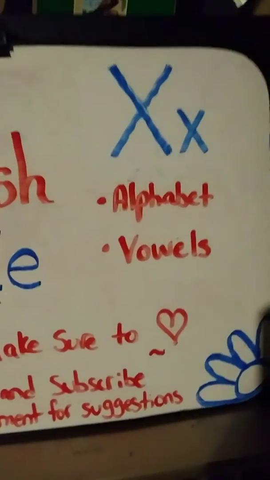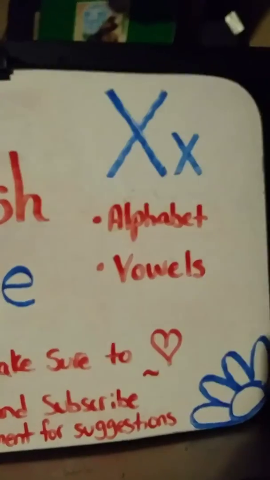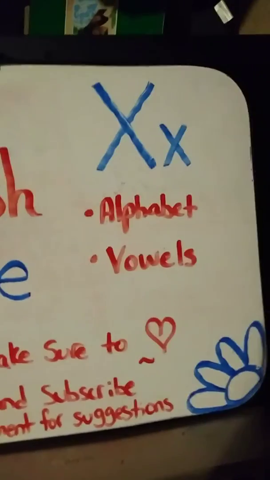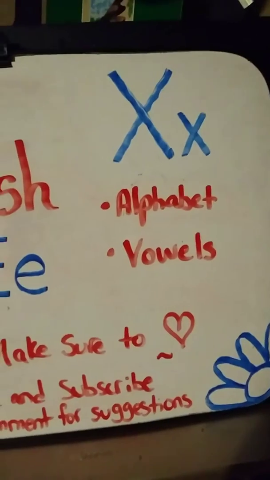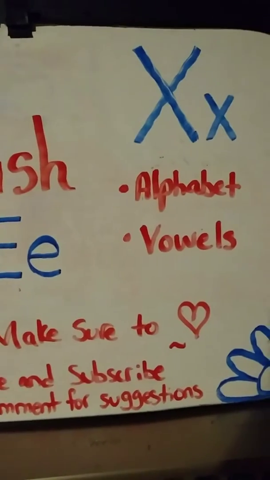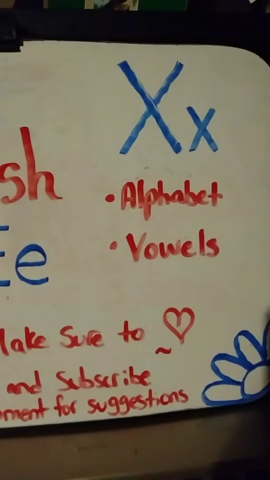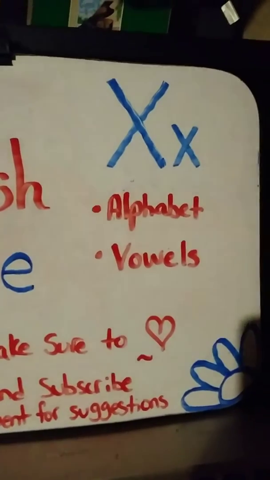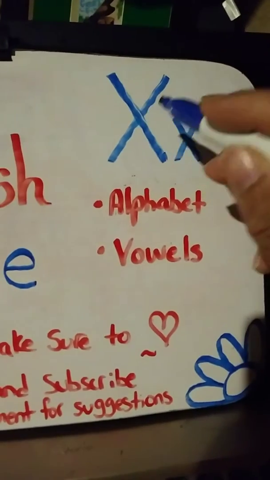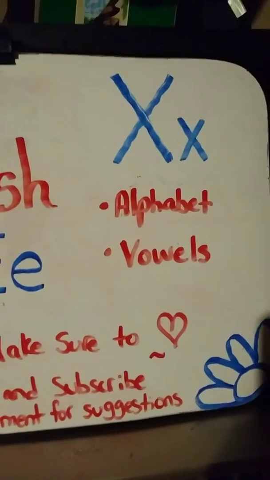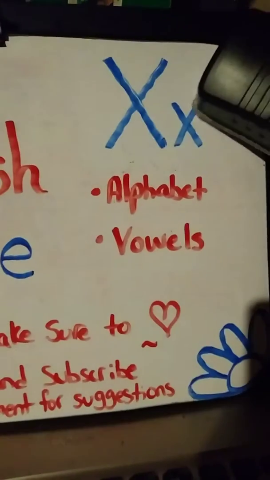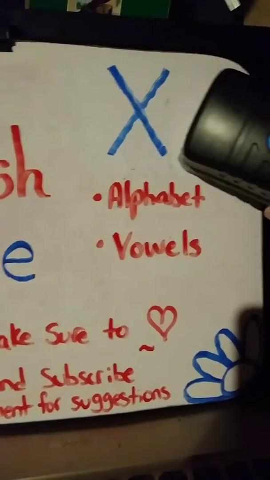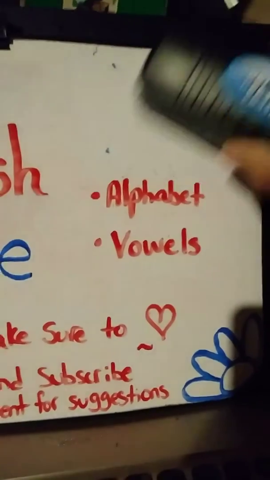So that's our X. Unless you're on a beach and you happen to find this in a certain spot, beware. There's also a chance that there might be some treasure there. Okay, X makes the x, x sound. Very unique. X, x.